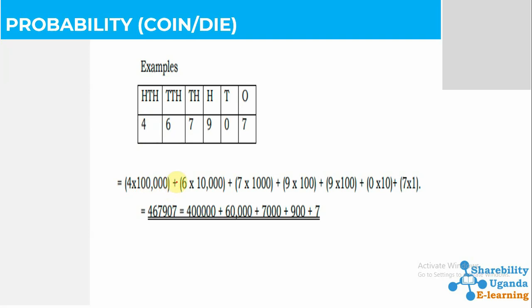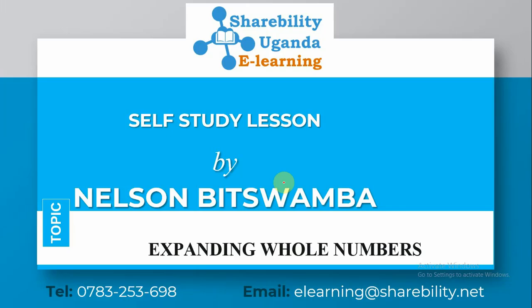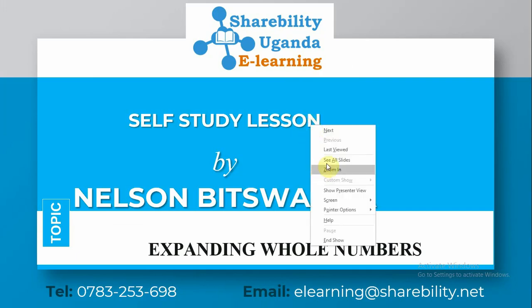Then we say plus our 6, and this digit 6 is multiplied by 10,000. Then we have our 7, digit 7, times 1,000. Then we also have our 9, which is 9 times 100.